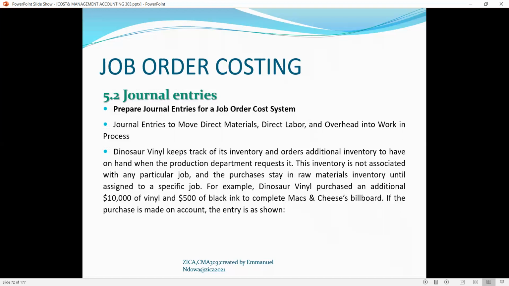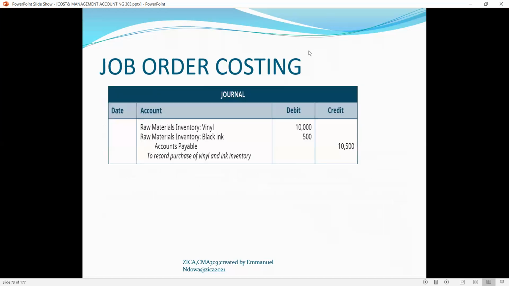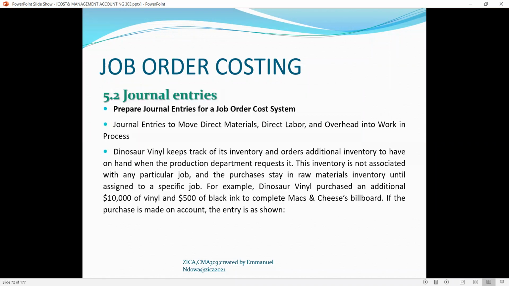That is the actual flow of costs which you are going to follow when you are utilizing the journals.